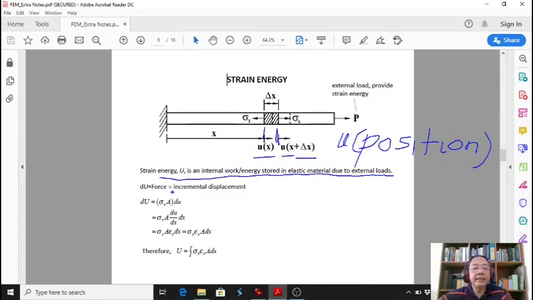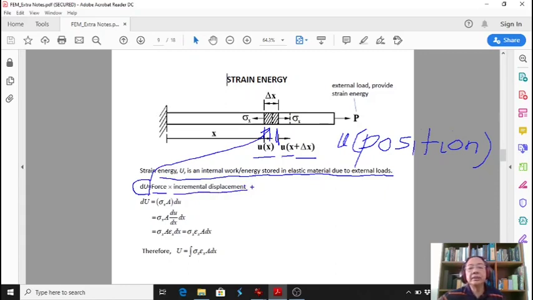We define dU. So dU is the incremental of strain energy, the strain energy in the bar of distance delta x. So this is dU. dU is force times distance, or incremental displacement.